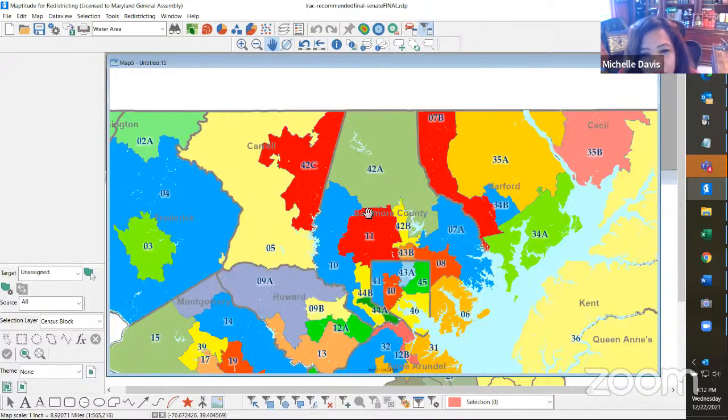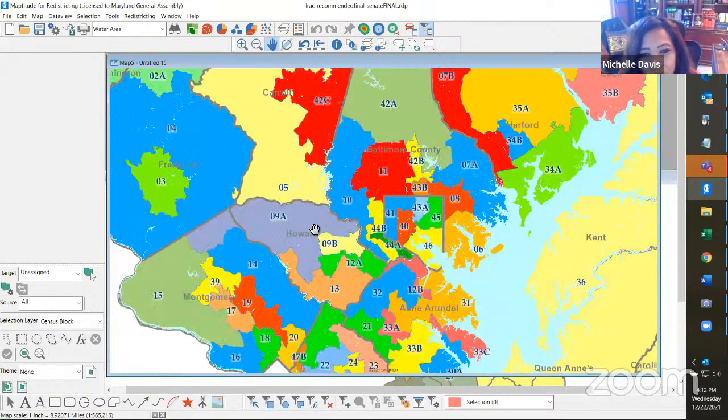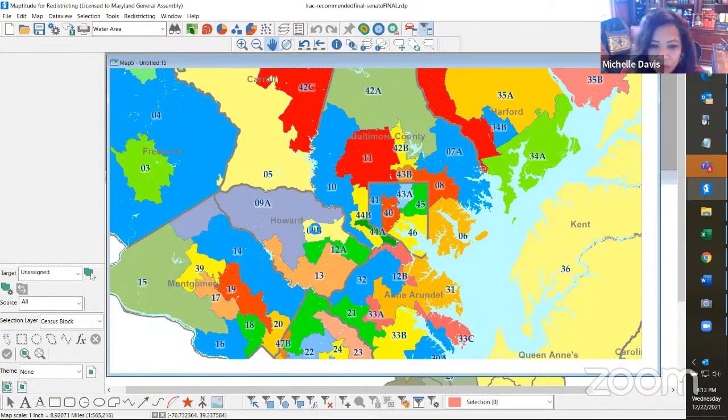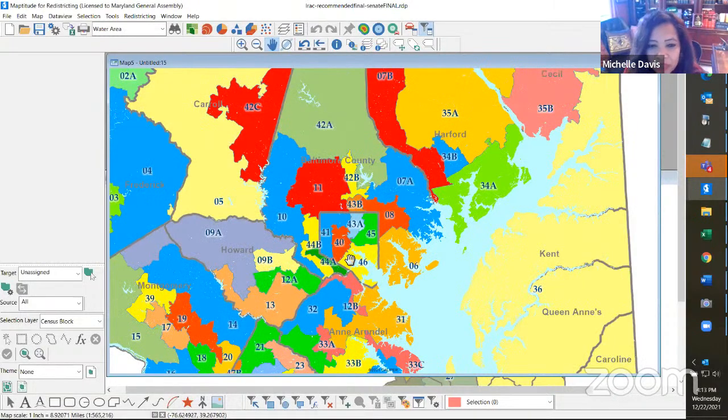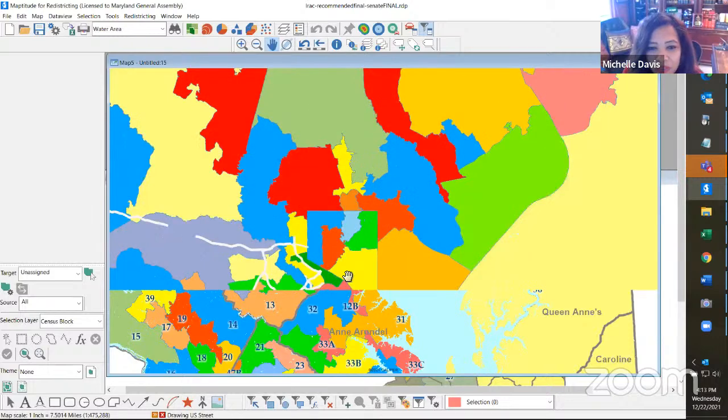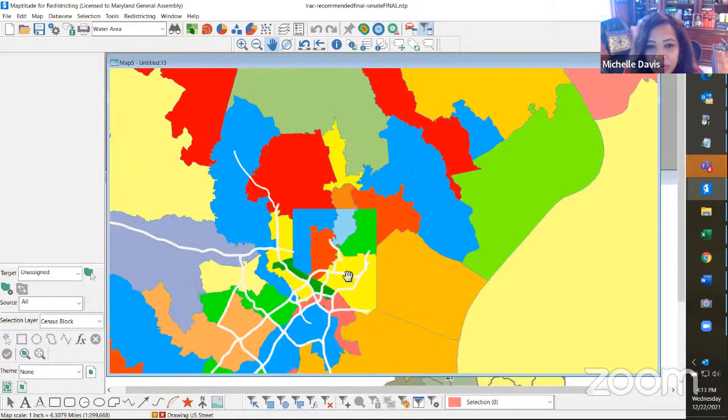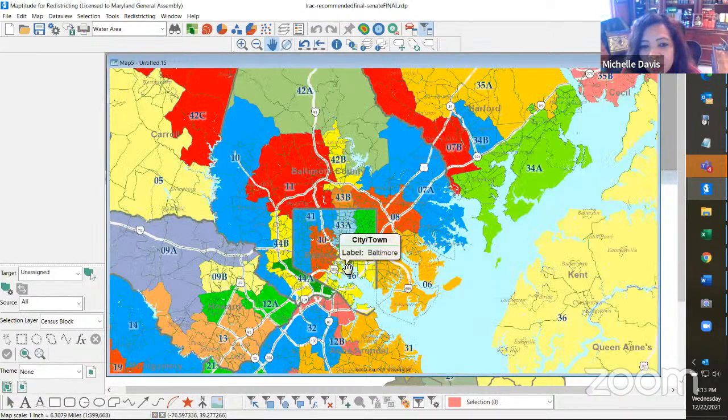And I wanted to talk a little bit about the Baltimore area, which includes Baltimore City and Baltimore County. There are some key differences here, and that is because of the population issues in that area and how the population has moved away from the center of the city and out into the Baltimore County areas, going west and north and so on.